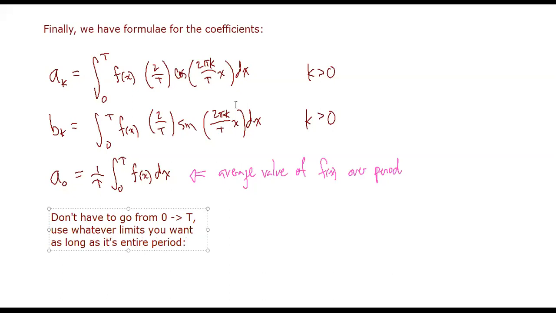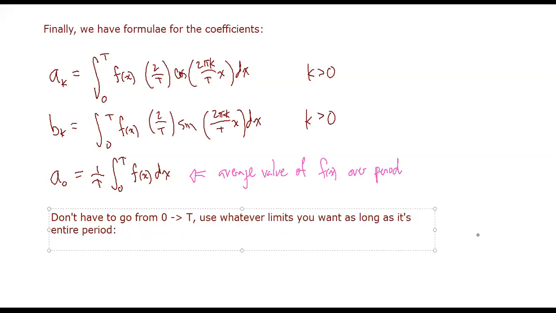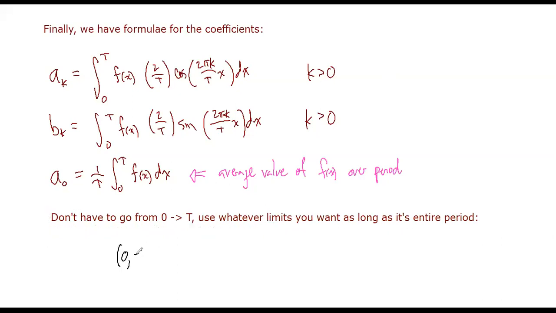For example, if we're talking about a function that's periodic with period 2 pi, this set of formulas would tell you to integrate from 0 to 2 pi, but the function itself is periodic, so you could use minus pi to pi if you wanted to. You could use 0 to negative 2 pi. You could use minus pi over 2 to 3 pi over 2, as long as it's an entire period. The reason to do that is maybe some of the limits are better behaved than others, for instance.